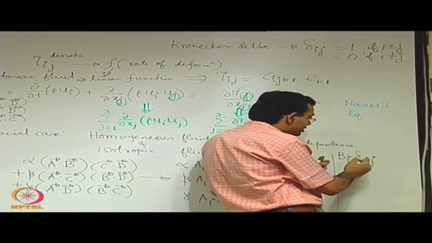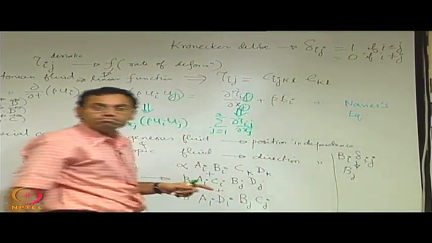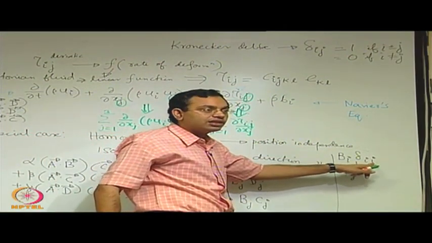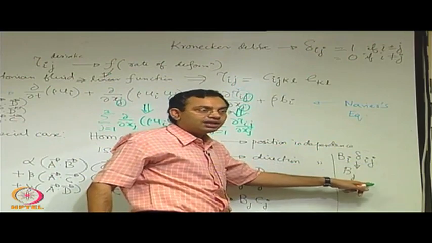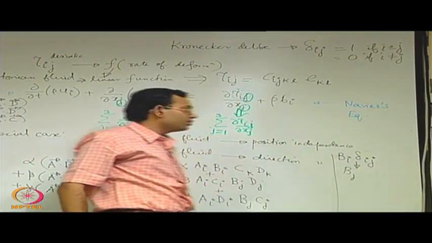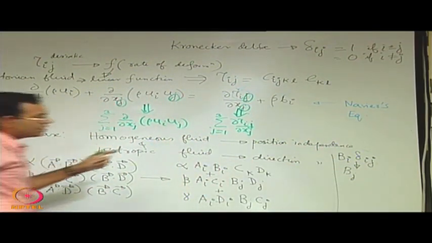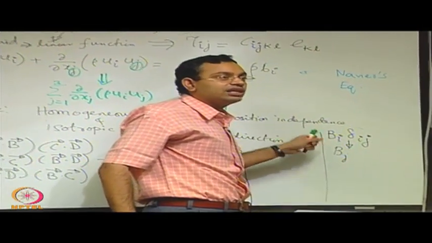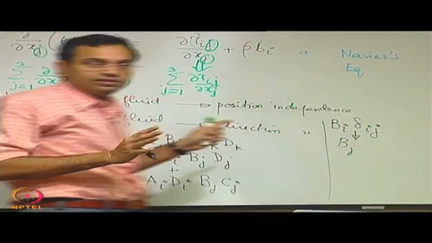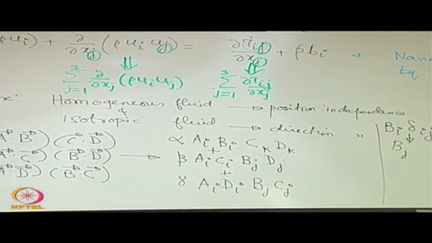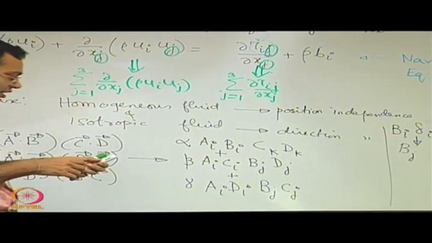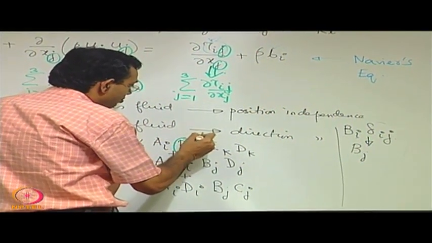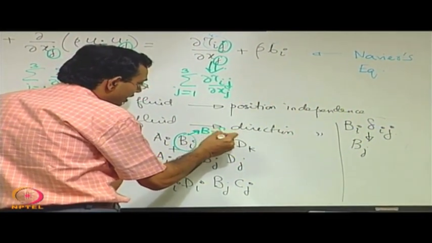So, this becomes Bj, because only when i equals j are these two indices equal, that is 1, otherwise it is 0. So, you can see that this is a very simple and elegant way of switching the indices from i to j, j to i, like that you can play with this. So, we will use that switching index here. This Bi we will write Bj into delta ij.